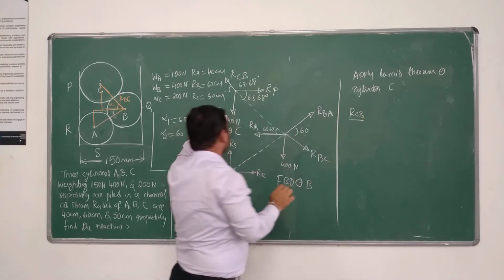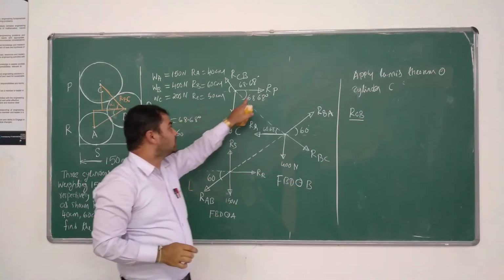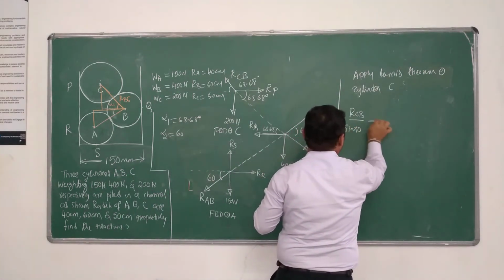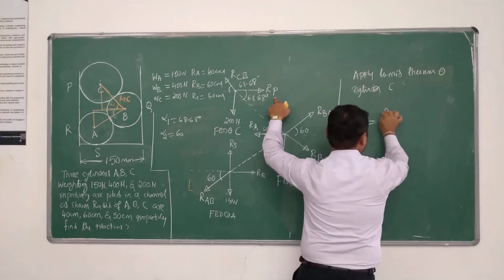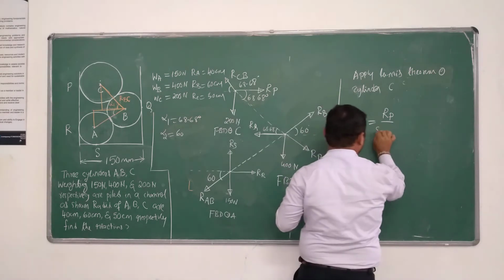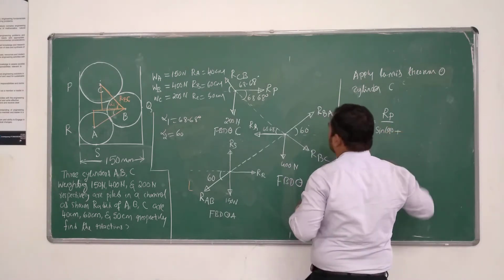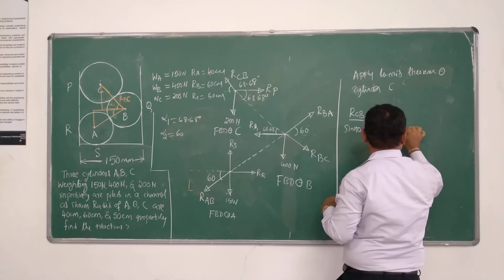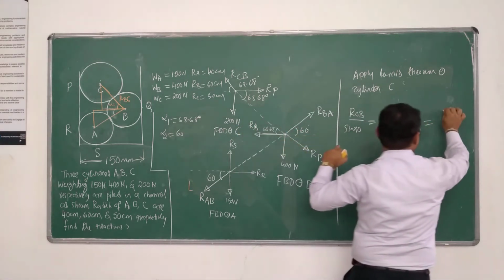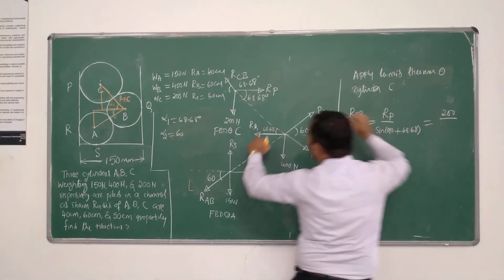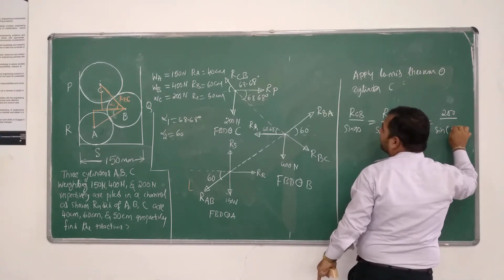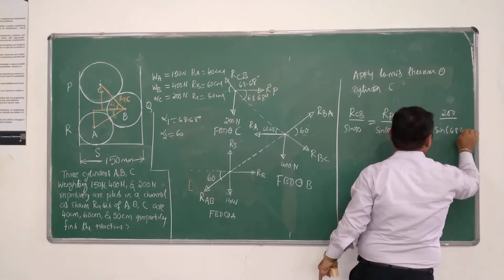RCB divided by the sine of the angle between the other two forces, that is sine 90, is equal to RP by sine of the angle between the other two forces, that is sine of 90 plus the remaining angle 68.68 degrees, which is equal to 200 divided by sine of the angle between the other two forces, that is sine of 68.68 degrees.